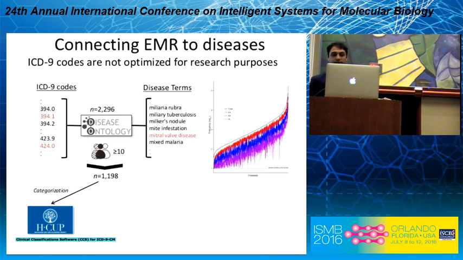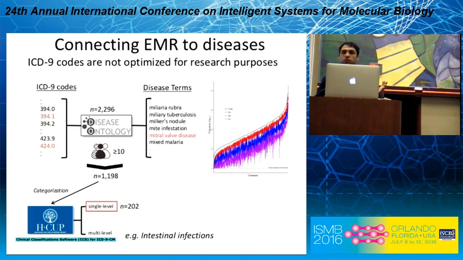We can further classify these diseases into broader groups, and there's a great software called the Clinical Classification Software by the HCUP organization that categorizes the diseases in many ways. We used the single-level categorization, which has 202 categories, and this could be intestinal infections, for example.